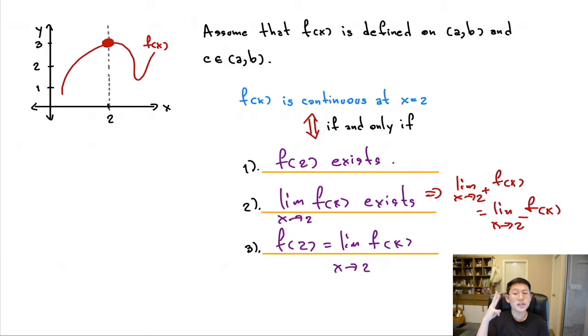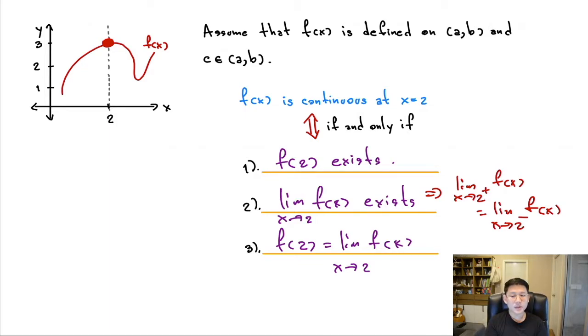So we need 3 conditions. The first condition is that f at that point needs to exist. You need to be able to find the value of f at that point. Second, the limit must exist, which means that the limit from the left and from the right are equal.